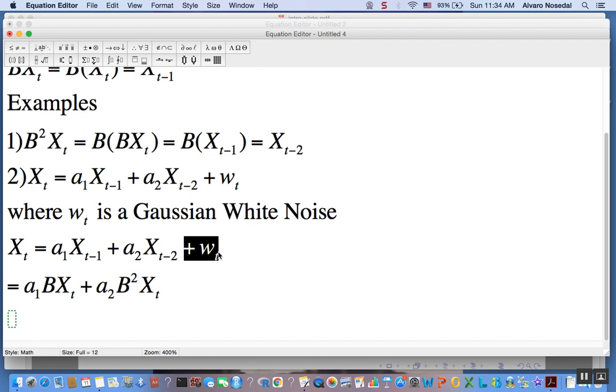Then we have the Gaussian noise. Now furthermore, let's do something here. We can see that xt here is a common factor, so let's try and factor it out.